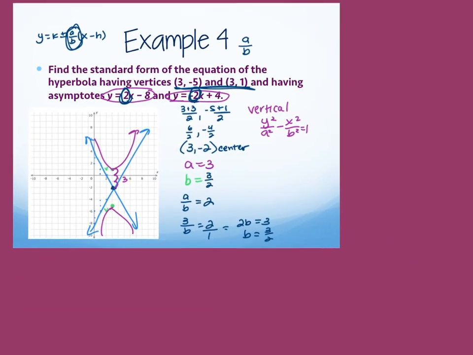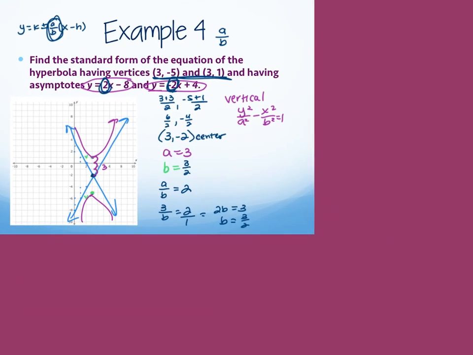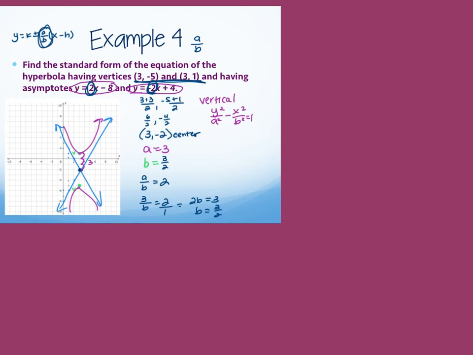Now, this is where it gets a little bit more complicated because when I go to plug that into my equation, let's see what happens. I get y minus a negative 2 becomes plus 2 squared over a squared. A was 3, so this is 9, minus x minus 3 squared, because that's the x coordinate, over 3 halves squared, which is 9/4, equals 1.